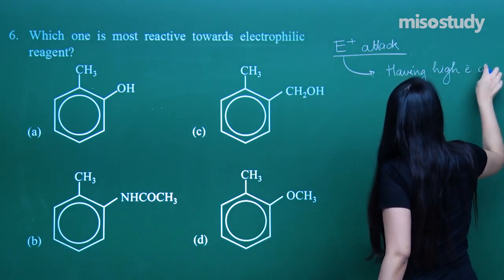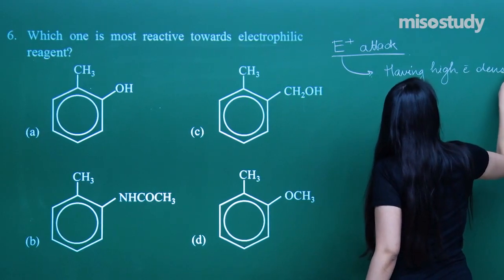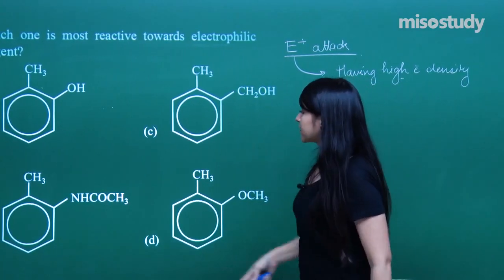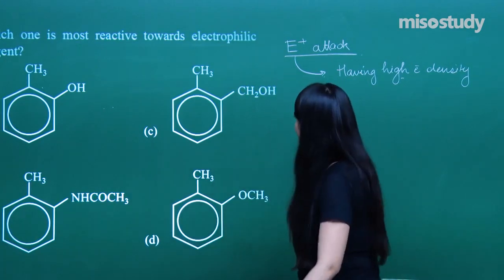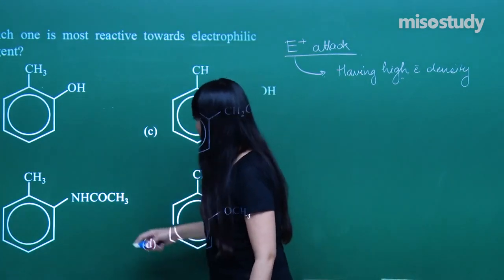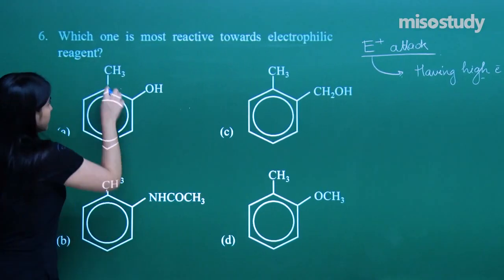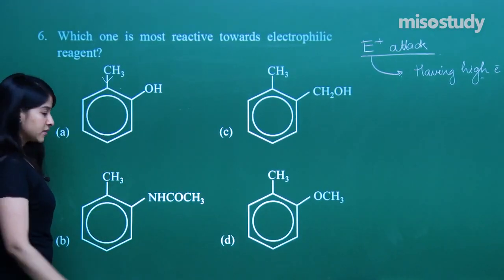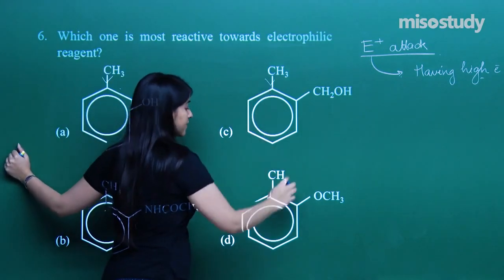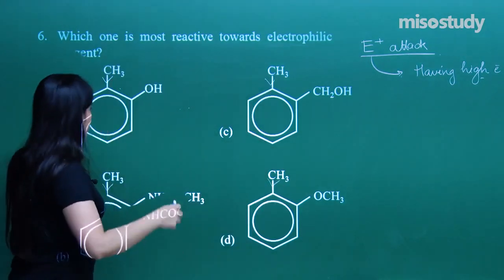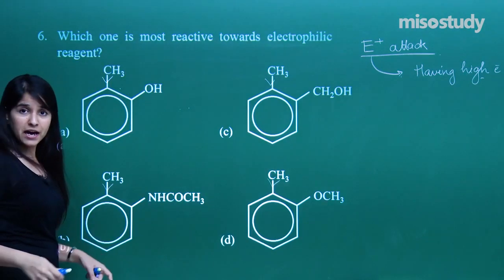High electron density. That means the structure having the most electron density will be our answer. If I see over here, I have got a donating group, again a donating group, increasing the density. Now let's move on to all the 4 attachments that we have.